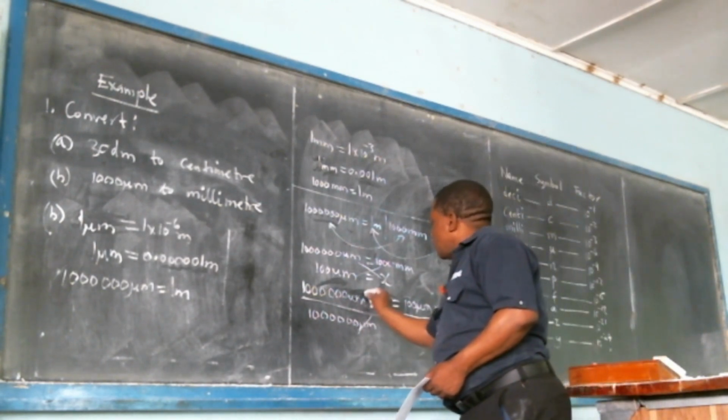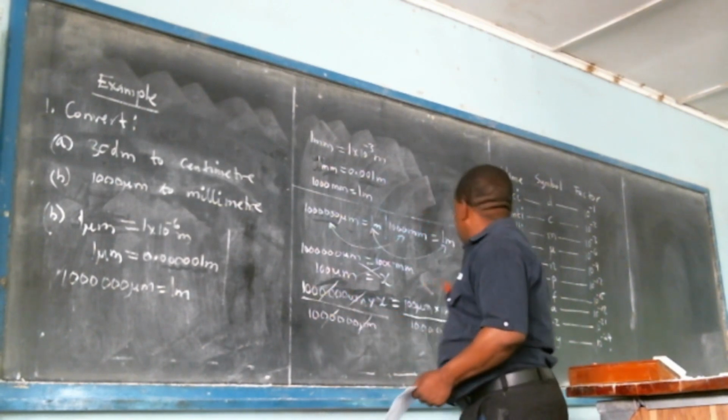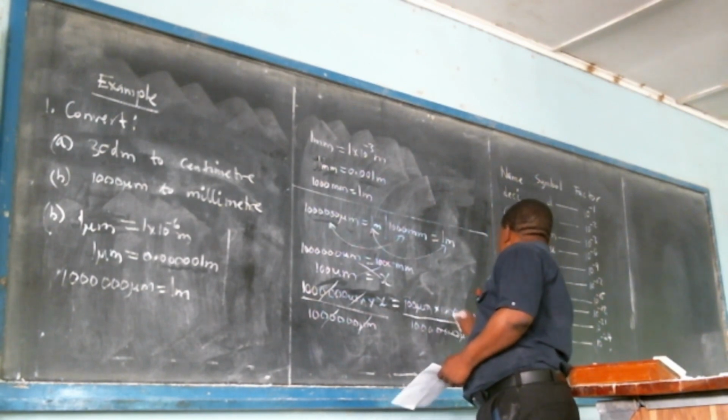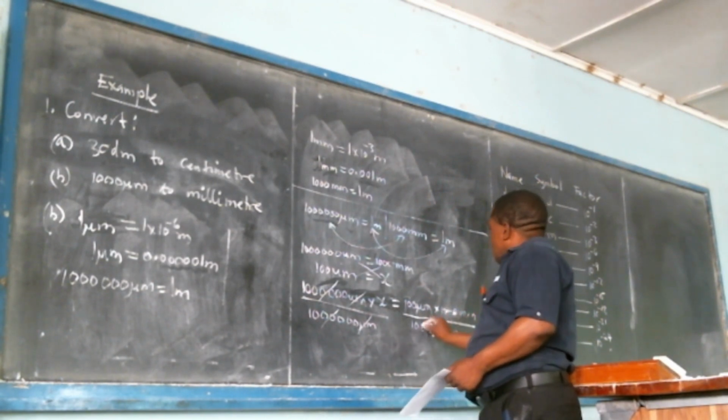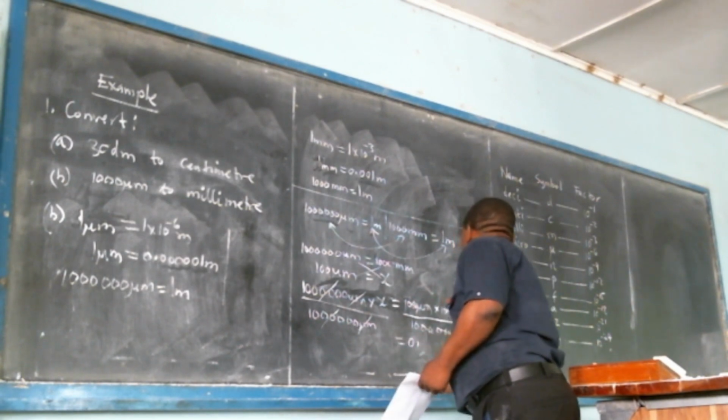So the micro goes. Then on this side we have 3 zeros, and 3 zeros go.